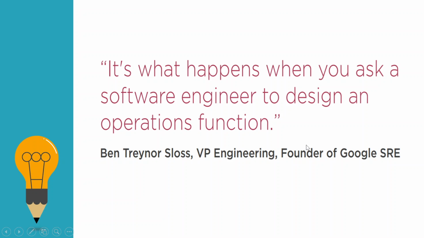In 2003, Google introduced SRE for their search engine. Ben Treynor Sloss, a vice president at Google, implemented SRE there. He said the famous quote: what happens when you ask a software engineer to design your operations systems. That's why we include ops with engineering, which we call SRE.